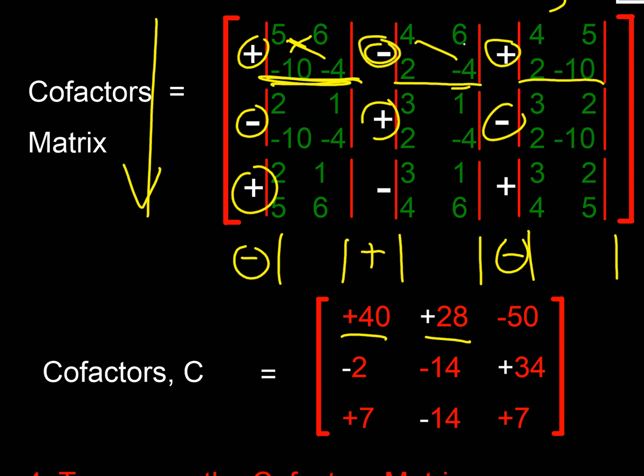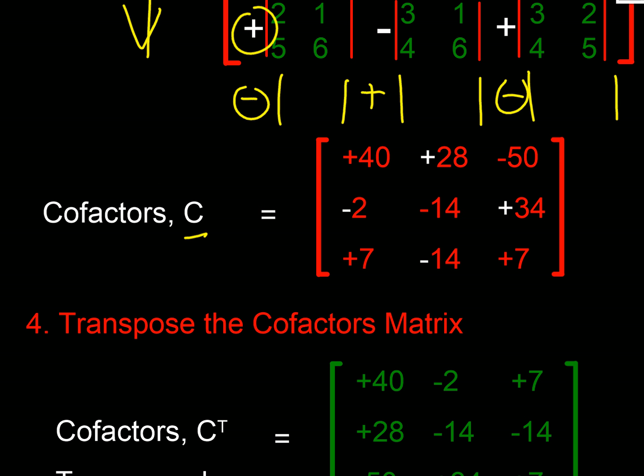If I've got 4 times minus 4, so that's minus 16, take away 6 times 2 is minus 12, so I've got minus 28. But it says change the sign, so I make that a plus 28. And I go around finding all these determinants, and I make sure that I change the signs on these odd ones here. And I've got what we call the matrix of cofactors, often written with a C, called C for the cofactors. This is what they're using in Edexcel, so I'm focusing on that, and that's what I'm teaching.